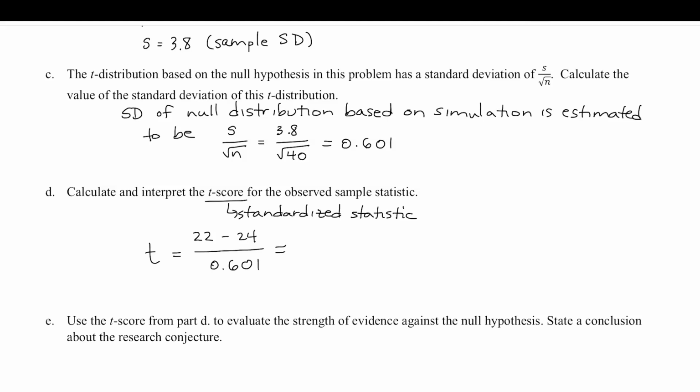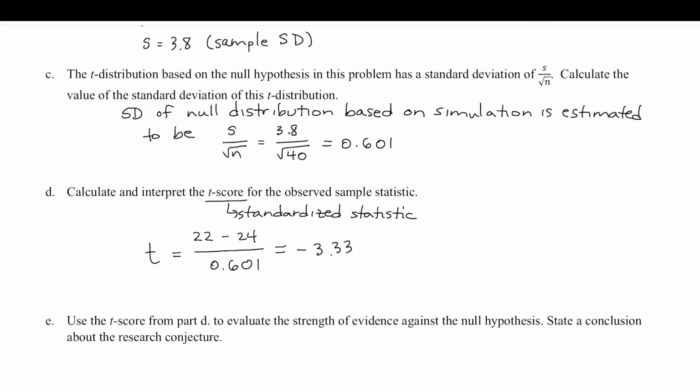Now again, you should pause the video and calculate this on your own technology to make sure you're getting the right answer, and you should get negative 3.33. If you don't get that, you need to let me know so we can figure out what's going wrong.